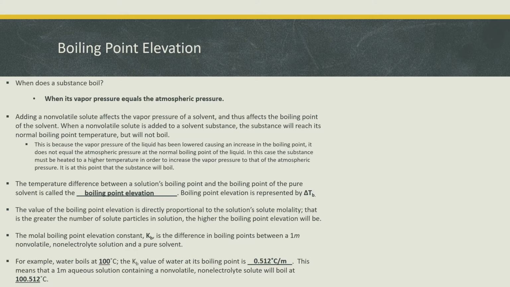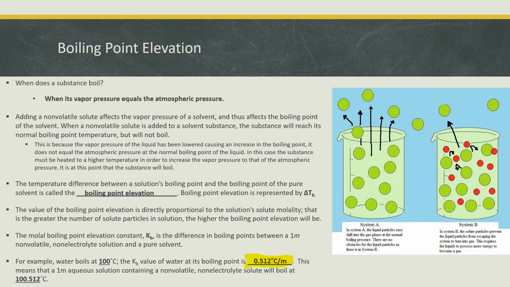So this constant right here is something that you guys need to make sure you know. Again, we're not doing any math today, but you will need to know it as we go forward. All right. So basically what it means is that 1 mole of a non-volatile, non-electrolyte solute in an aqueous solution will boil at 100.512 degrees Celsius, so a little bit higher than it normally would.